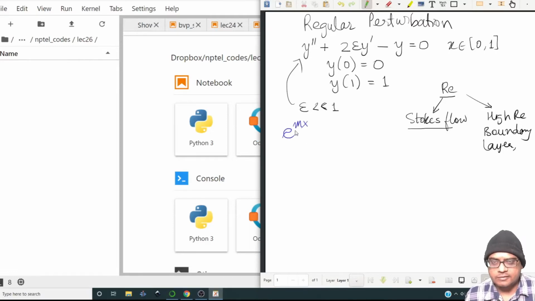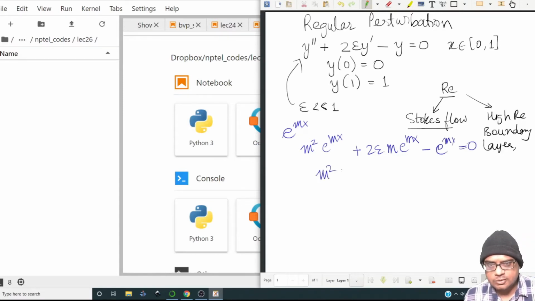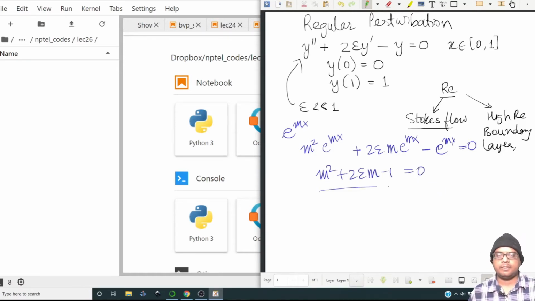So what do we have? The double derivative will give me m squared e to the power mx plus 2 epsilon m e to the power mx minus e to the power mx equals 0. So we have m squared plus 2 epsilon m minus 1 equal to 0, right?